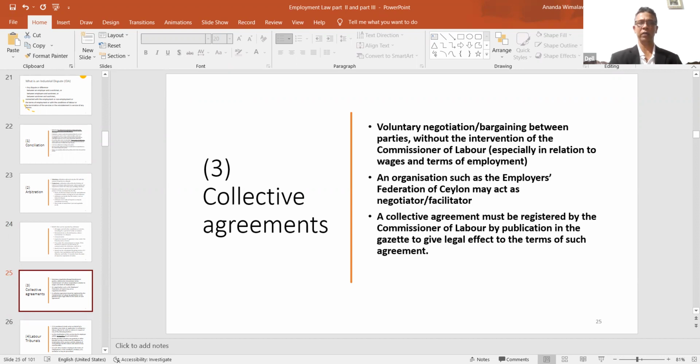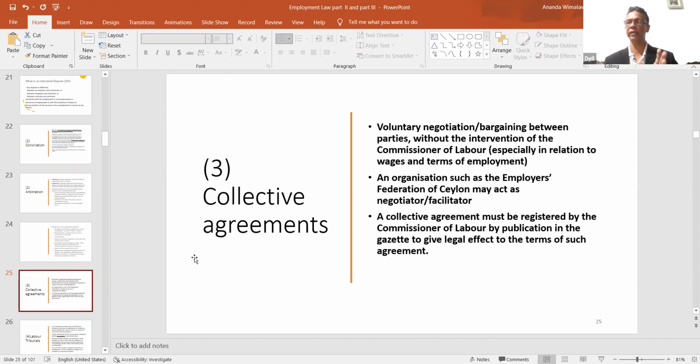Before we define collective agreement, we need to understand what we mean by collective bargaining, because collective agreement is the result or effect of collective bargaining.